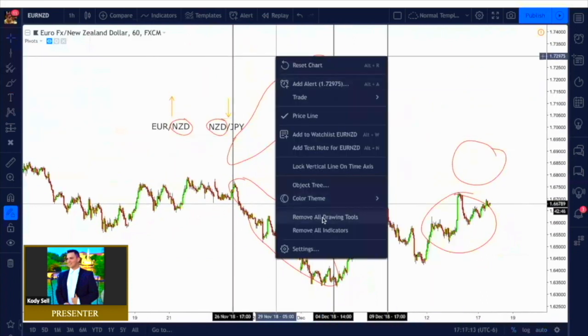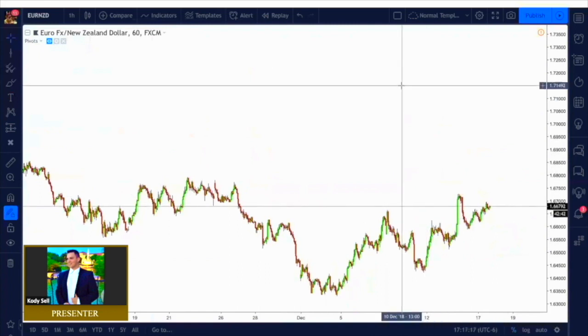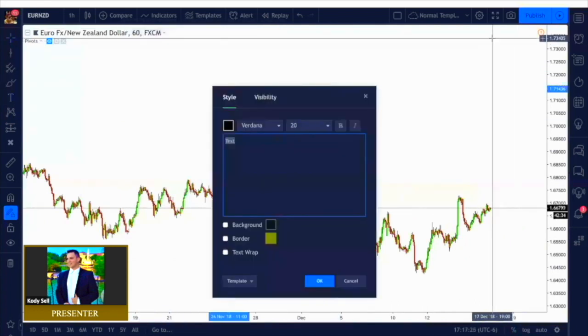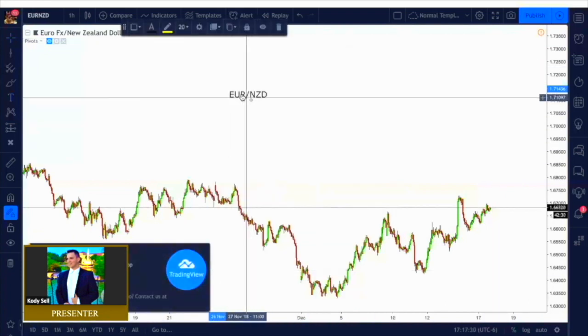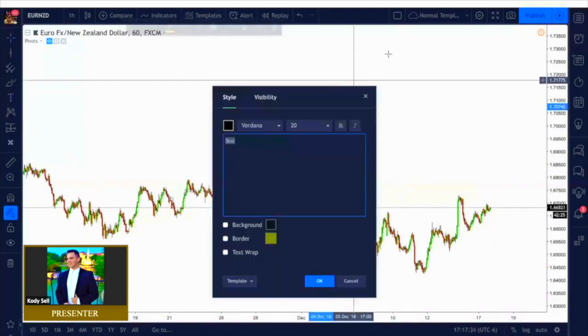Let's clear all this off. Now why don't we compare with another New Zealand pair? Or actually, you know what, why don't we do the euro? So we have Euro New Zealand, and we'll make it easy and compare it to Euro USD.